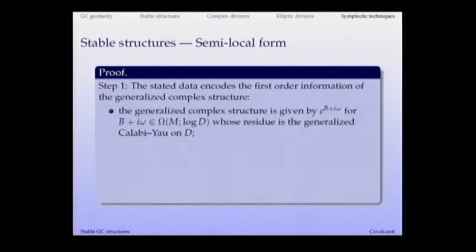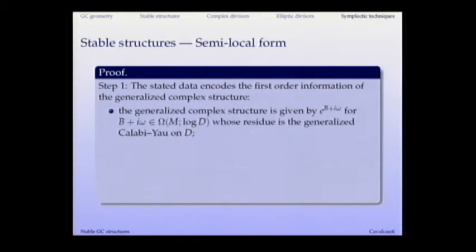So the proof, I'm not going to give the proof, actually, but I would just like to say what comes up in the proof. One thing is that you have to check that the stated data encodes the first order information of the generalized Calabi-Yau structure. Given the generalized complex structure, you should get the generalized Calabi-Yau, and you should be able to get this holomorphic structure, and then hopefully you can go back as well.